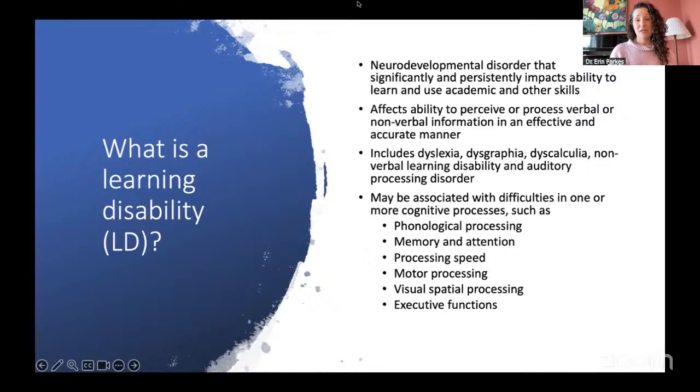It can be associated with difficulties in one or more cognitive processes, such as phonological processing, so processing of phonemes or different sounds in speech and language, memory and attention, processing speed, motor processing, visual spatial processing, and executive functions. And you can see all of those things are related to music. It might be less obvious how phonological processing is related to music, but we will talk about it a little bit later and you'll see that it really is.